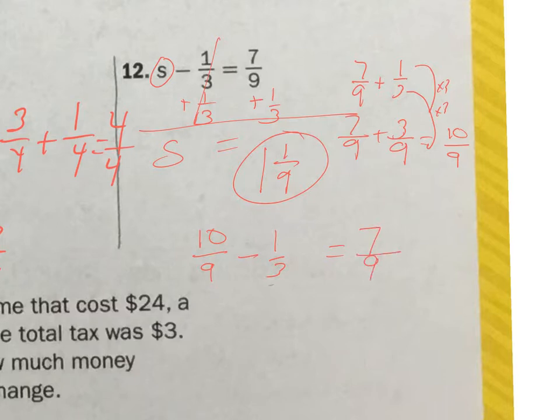I need to change this one here to be something over 9. So 3 times 3 is 9. 1 times 3 is 3. Okay, so now we have 10 minus 3 is 7. 9 over 9. And it works. Yay. Okay.